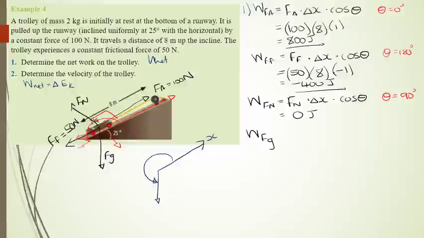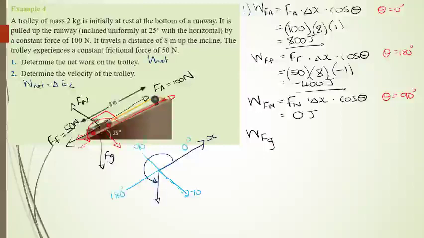The way I can figure it out is that this line over here would be my 270 degrees, because I've rotated my axes so that it works along the incline. This is now my 0 degrees, this is now my 90 degrees, this is my 180 degrees.